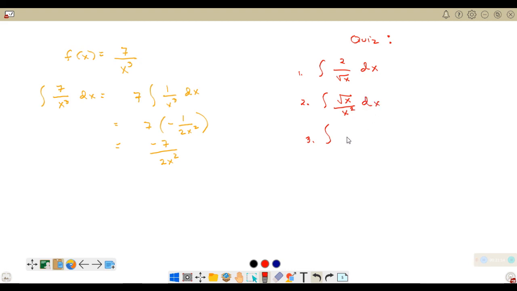And finally, we have 7x plus 7x over the square root of x. Yan yung mga sasagutan natin. dx. Okay?